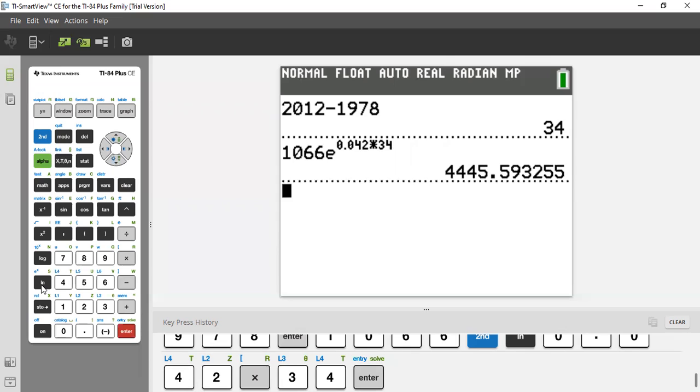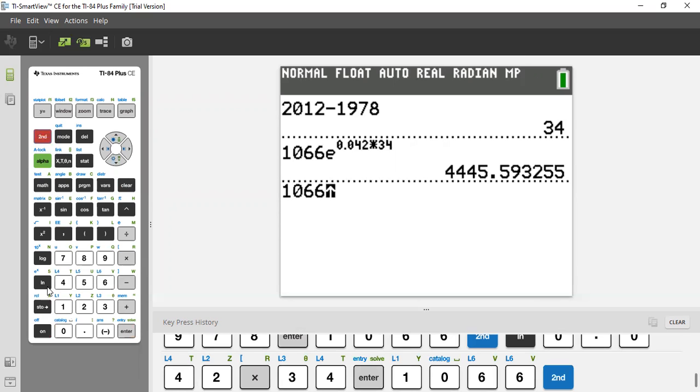Now, let's talk about what to do if you don't have where it auto does. If you're still working on a TI-83 or 84 and it just doesn't put it up into the exponent, you're still going to do that e thing here, but it's going to show a little wedge.